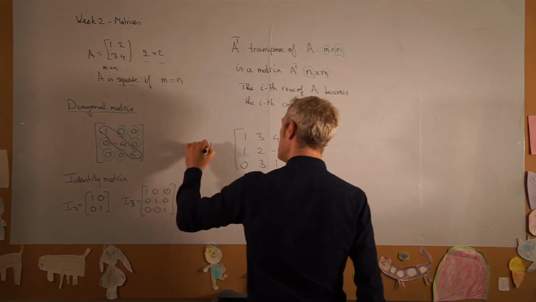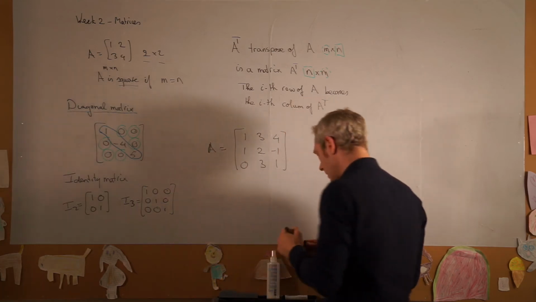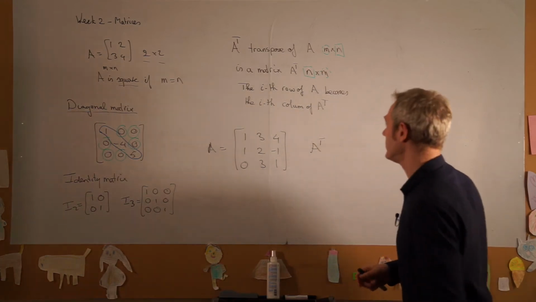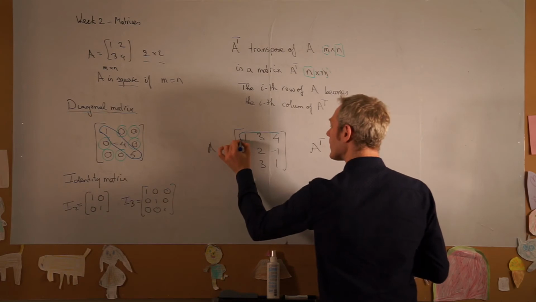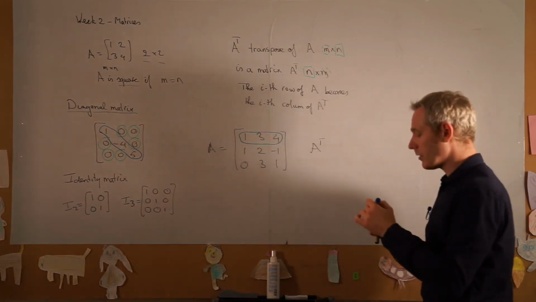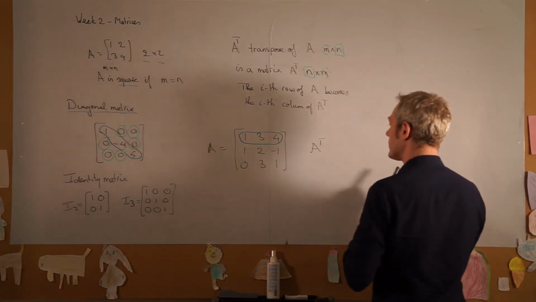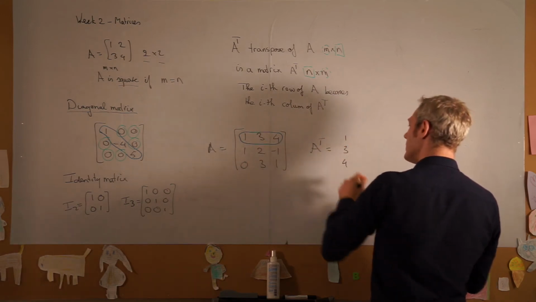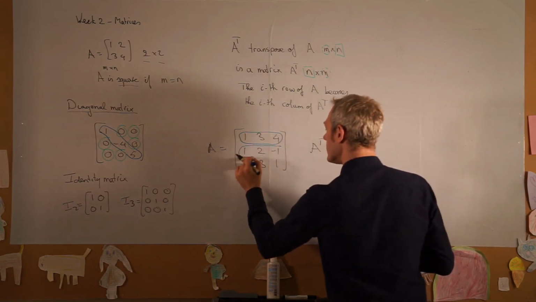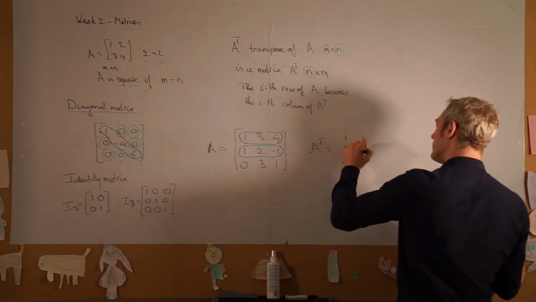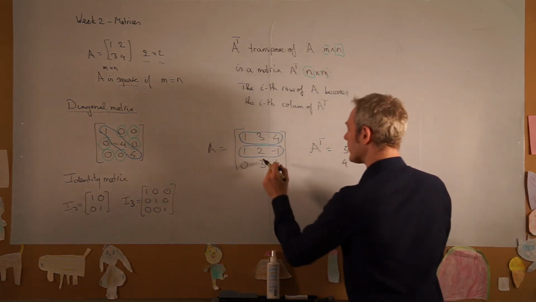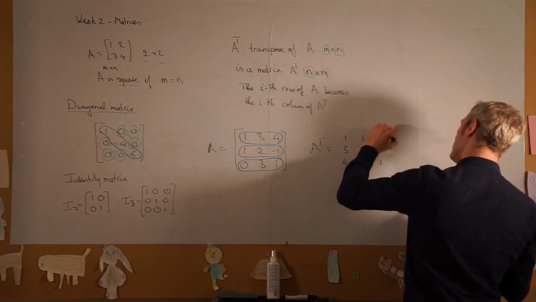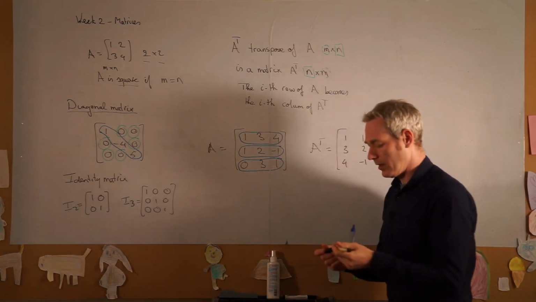If this is A, then the transposed matrix we get by taking the first row and turning that into the first column. So that is 1 3 4. We take the second row, and that becomes the second column, and we take the third row, and that becomes the third column. And this is how we determine the transpose.